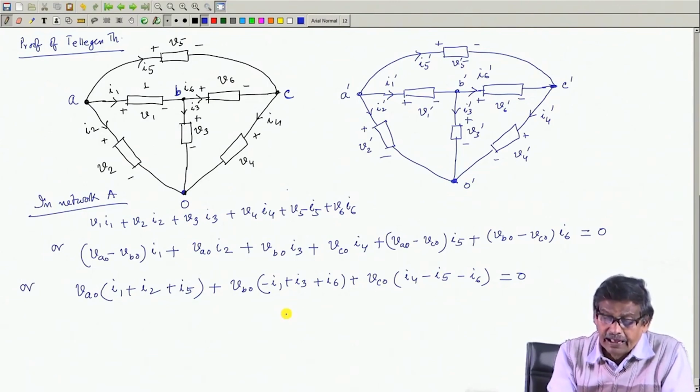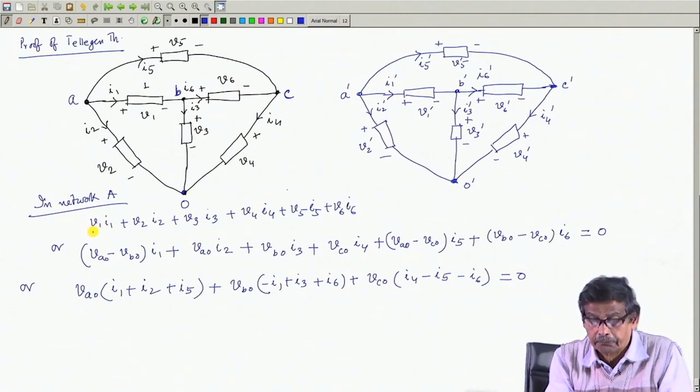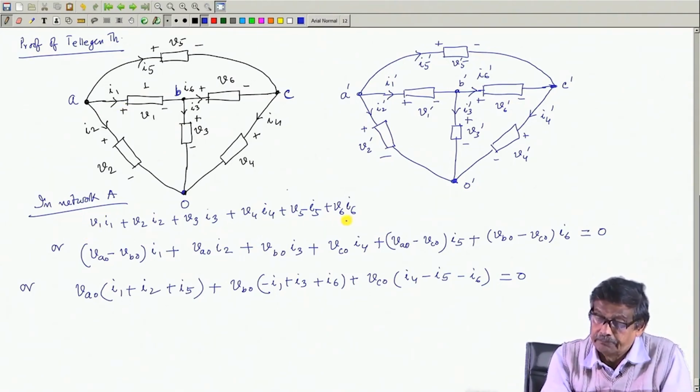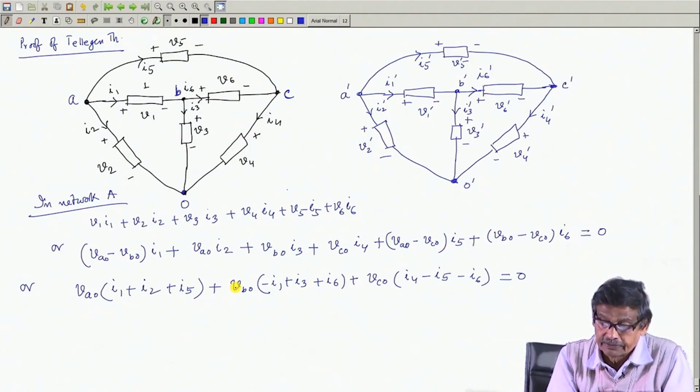You see, I have calculated the power across each element and expressed the same quantity in terms of node voltages and some of the currents.